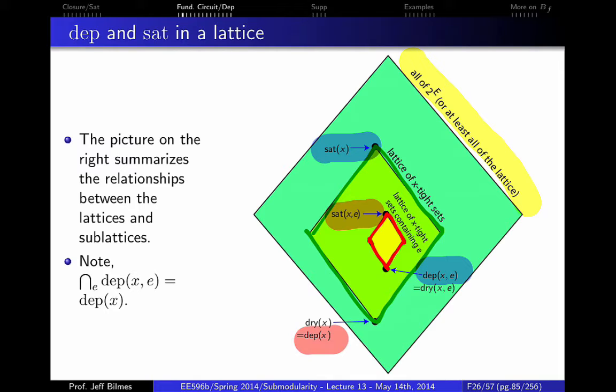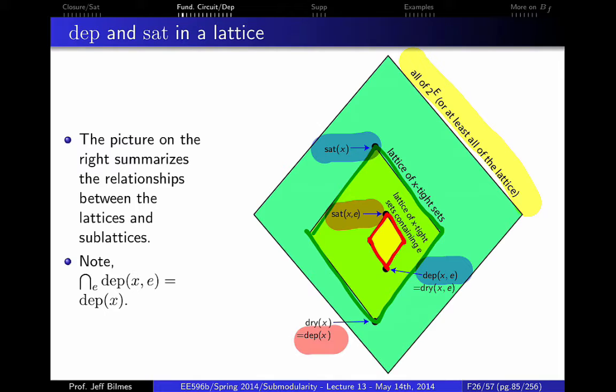But what is true is that the two blue things that I highlighted are the things that we just defined. So sat in the matroid case is a closure, the span or the closure function of the matroid. What is dep x,e? Well, first of all, dep x,e is basically the minimal element of the E-containing tight sets. Sat x,e is the maximal element of the E-containing tight sets.